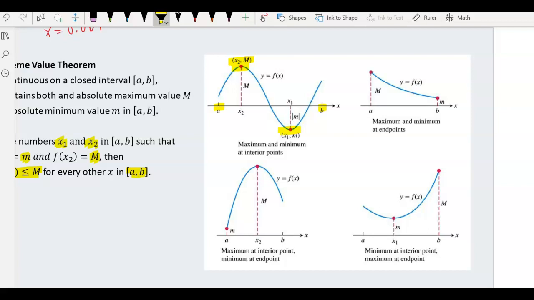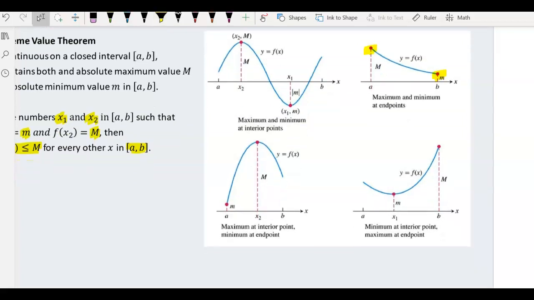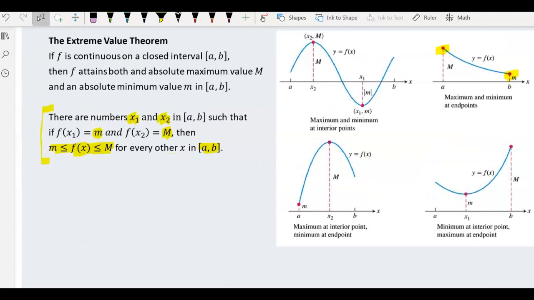This is an example where the max and mins fall somewhere between the points A and B, as opposed to this second example where the absolute max and absolute min happen to occur at the endpoints. And then the two examples below are combinations of that, where maybe we've got one of the points being a maximum at an endpoint and somewhere in the interior, or vice versa. So we can have all different possibilities.